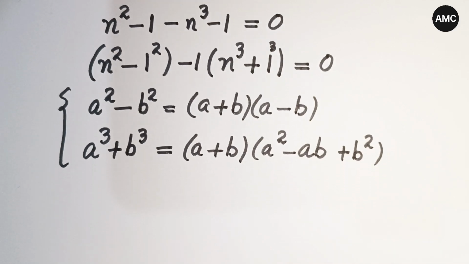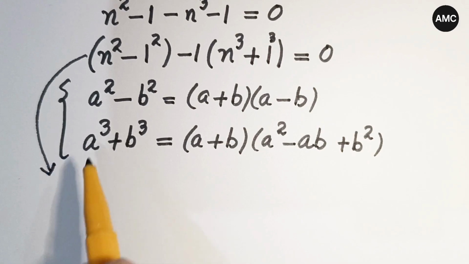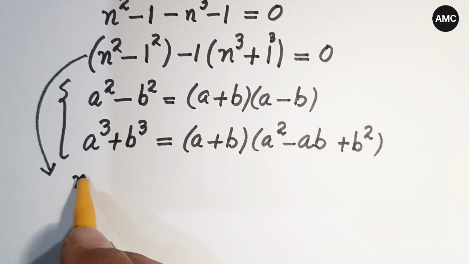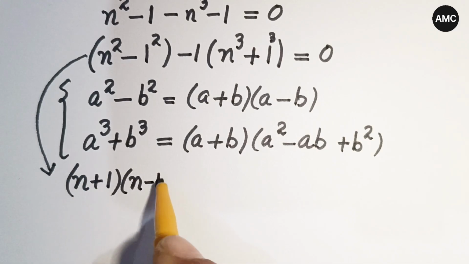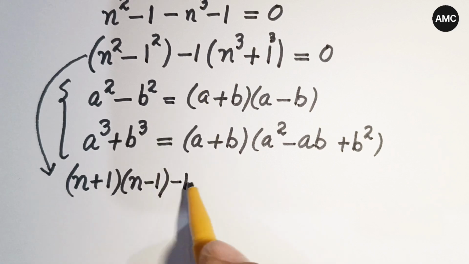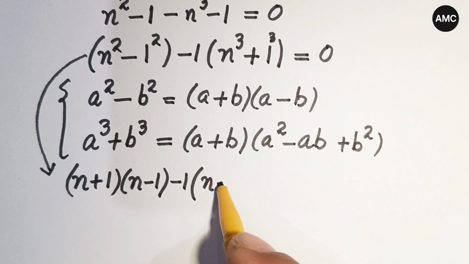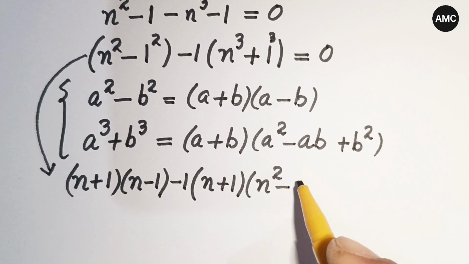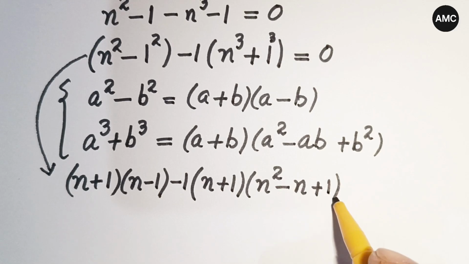So applying these two identities here, n squared minus 1 squared, according to this formula we have n plus 1 times n minus 1. Similarly here we have minus 1 times n cubed plus 1 cubed, which is n plus 1 times n squared minus n times 1 is n, and plus 1 squared is 1, that is equal to 0.